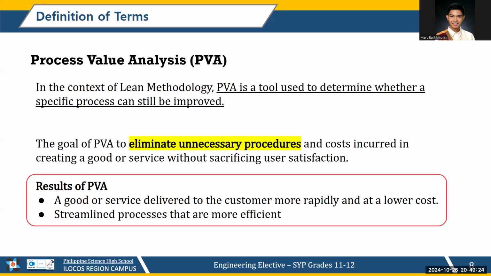So if we apply this PVA in our processes and even in systems, our result should be a good or a service delivered to our customers more rapidly, faster, and at a lower cost, cheaper. So we can streamline our processes to be more efficient.